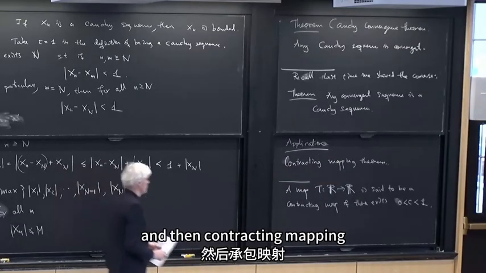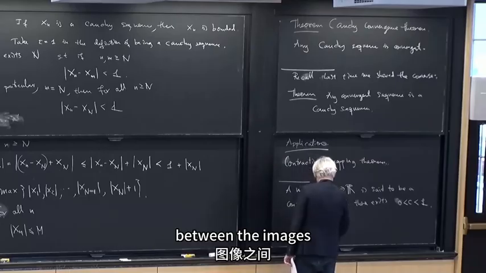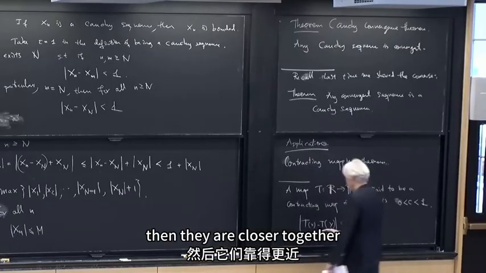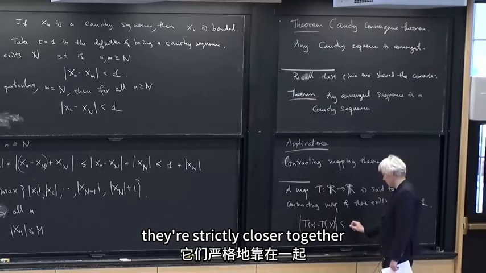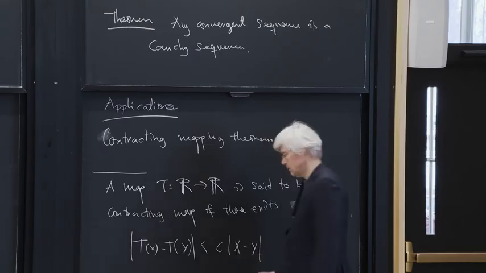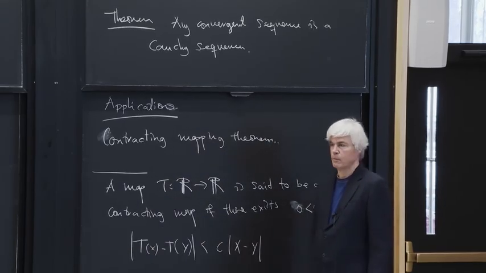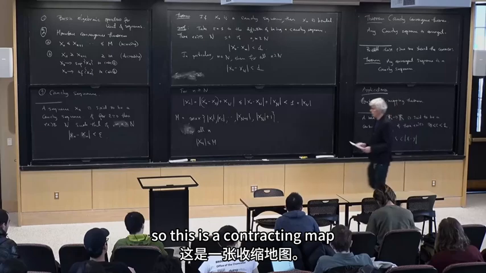And then contracting mapping just means that if you're looking at the difference between the images, then they are strictly closer together than the points that they are images of. Okay, so this is a contracting mapping.